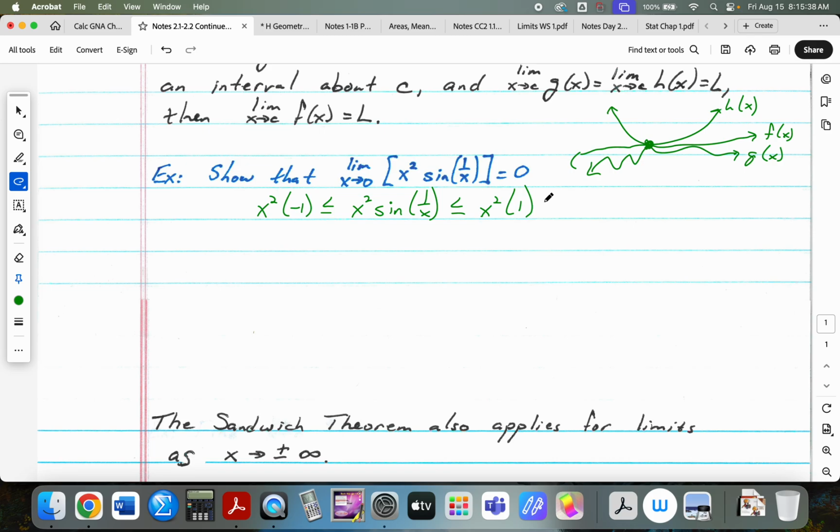All right, everybody's good with that reasoning? And so what I'm going to do is find, well, what is the limit as x goes to 0 of x squared times -1? Well, that's going to go to 0.